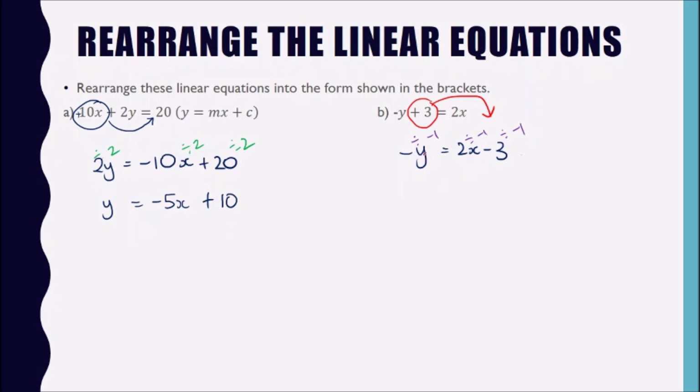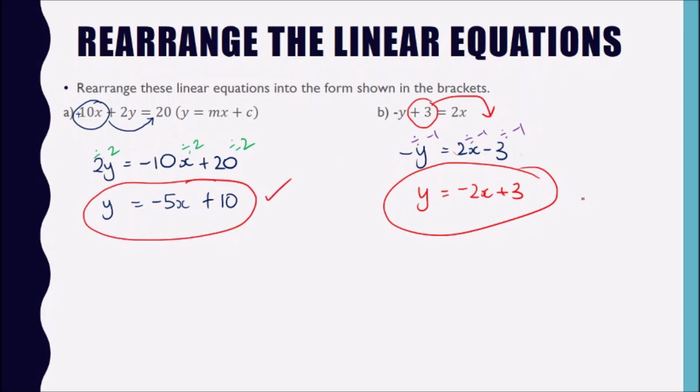Opposite of negative is positive. That means everything here becomes opposite. So opposite of positive is negative. Opposite of negative is positive. Okay, that's one way to think about it. If not, you can divide each of them by -1. That's another way.